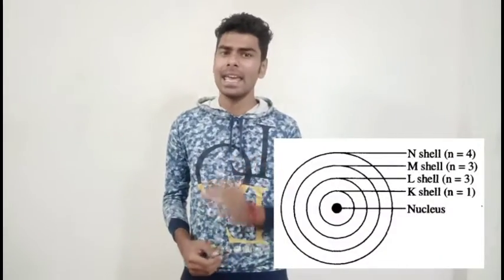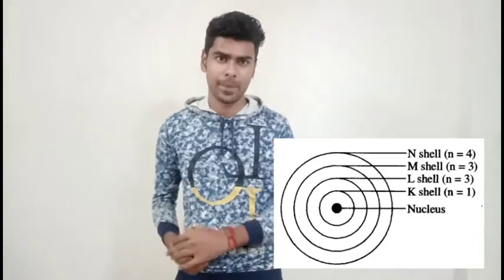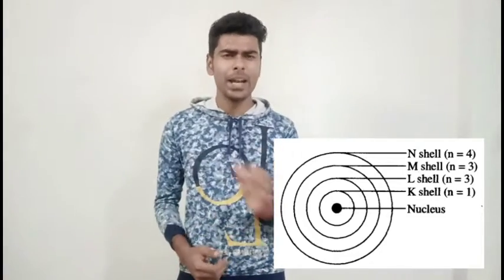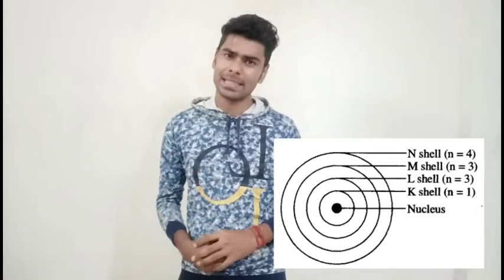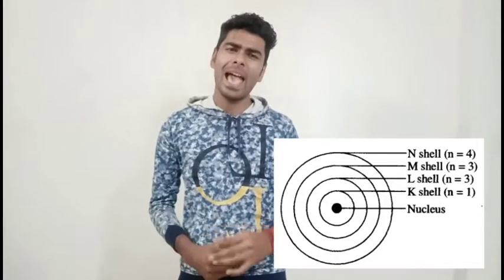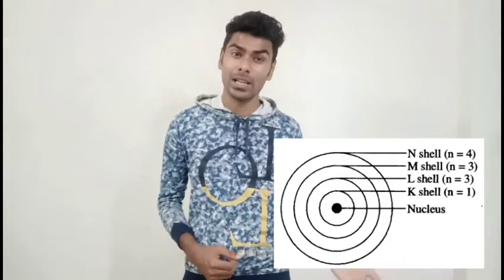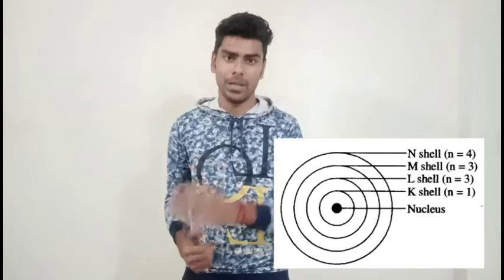As we know, according to the Bohr model, electrons revolve around the nucleus in their own fixed orbit or energy level, and these orbits are denoted as K, L, M, N. The orbit very near to the nucleus has minimum energy and the orbit far from the nucleus has maximum energy.